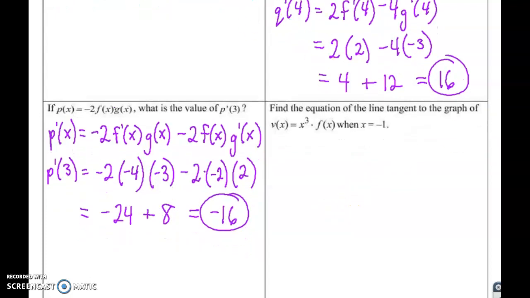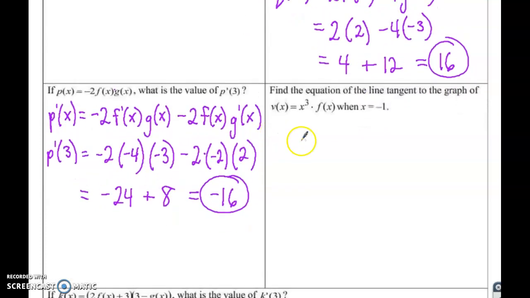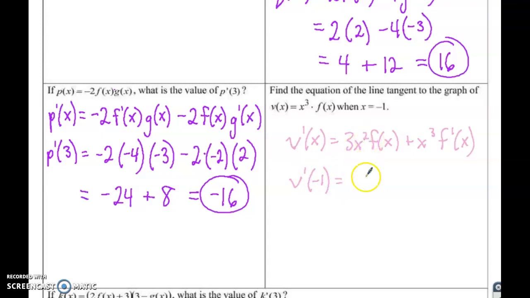And then this next one is definitely a product rule. That's a v, by the way, v prime of x. You're looking at 3x squared, leave f alone, plus leave x cubed alone times f prime of x. And now we're going to find v prime of negative 1. Now remember, you're plugging in negative 1 for all these x's.